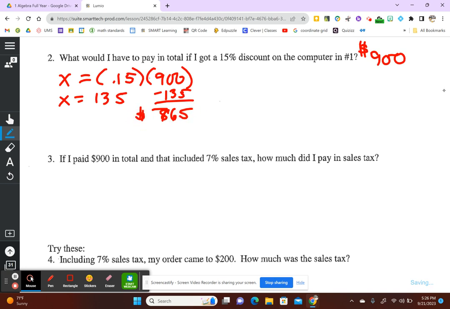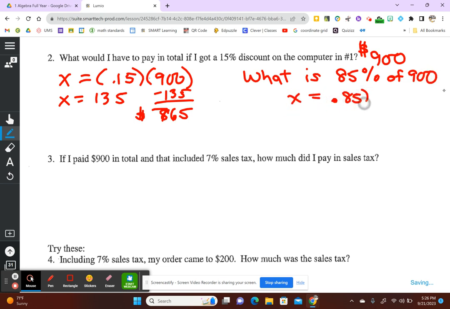Another way is I could say, well, if I get a 15% discount, I'm not really paying 100%. I'm really paying 85%. So what is 85% of 900? And that would be x equals 0.85 times 900. And then you get 765 in one step. So now my discounted cost is 765.